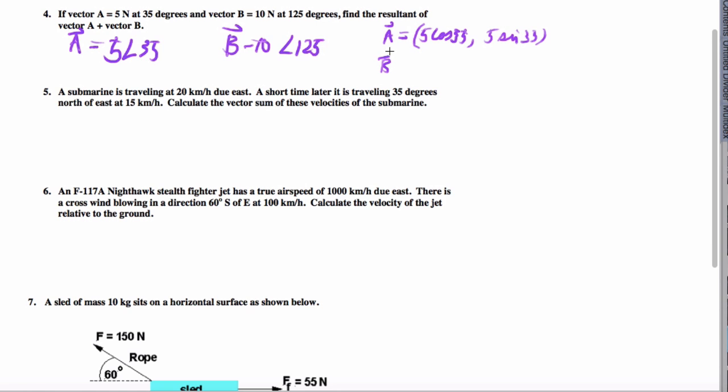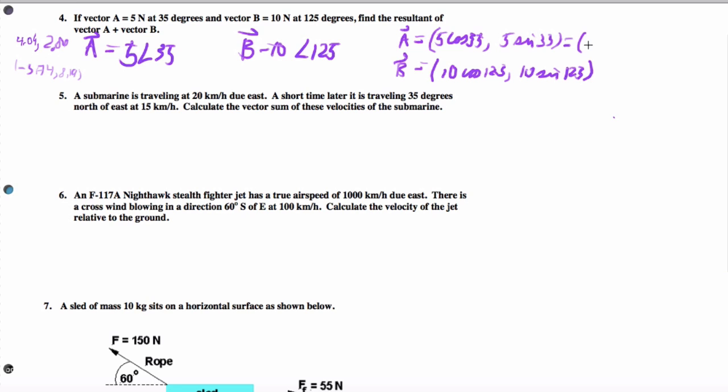And then for B, we're going to have 10 cosine 125, 10 sine of 125. That's going to be the method for calculating all this. 4.09 and 2.86. And for B, I'm going to end up getting negative 5.74 and 8.19.